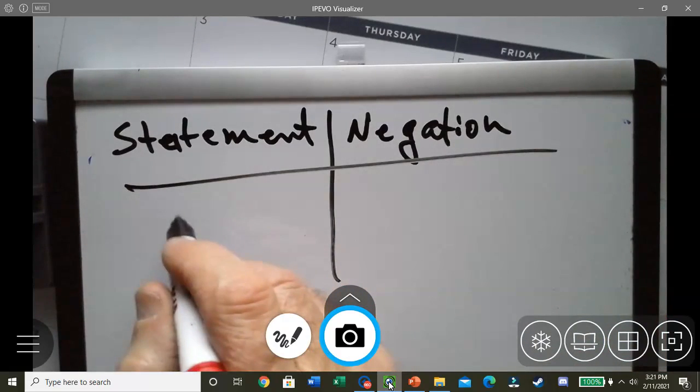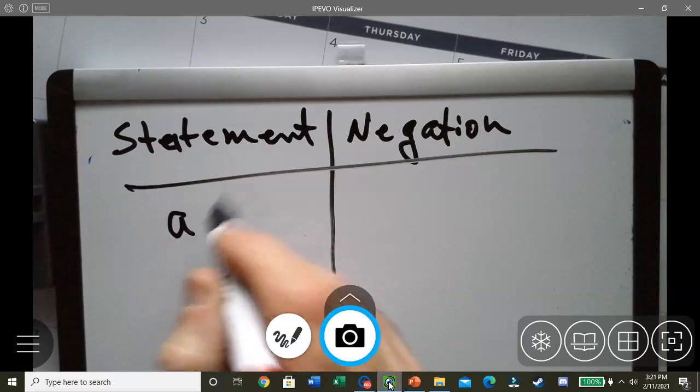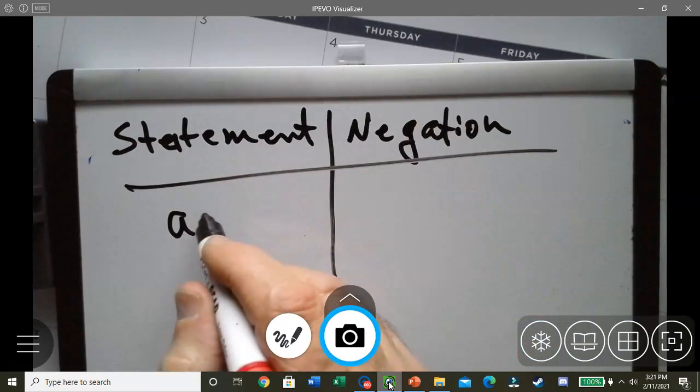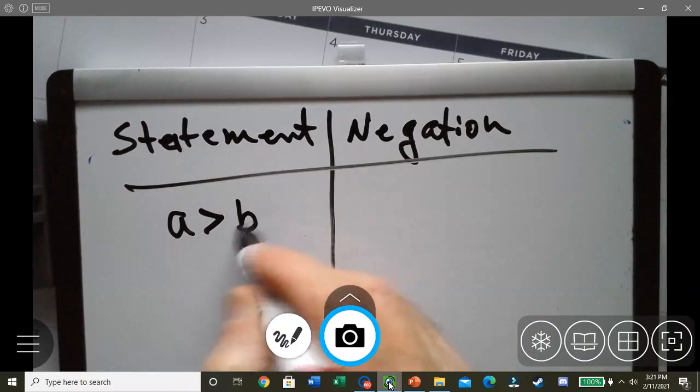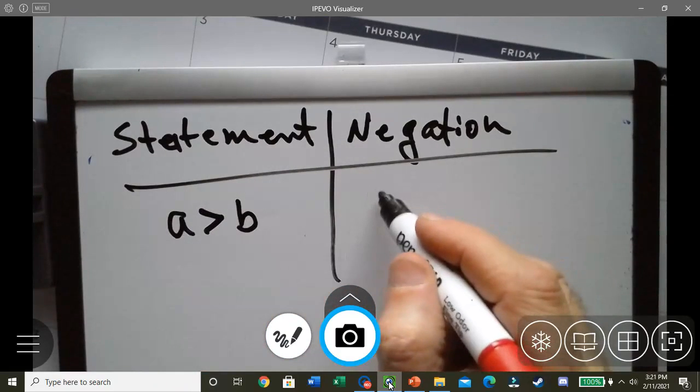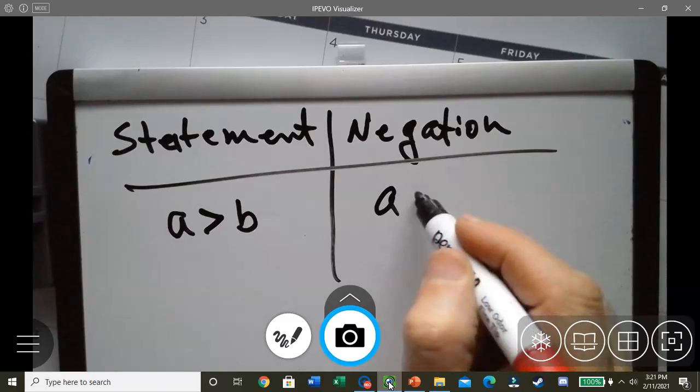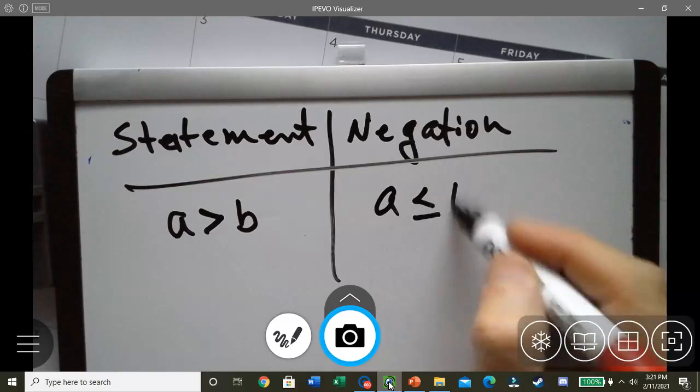If we were to use statement and negation in terms of inequality, if we have A is greater than B, then the negation would be A is less than or equal to B.